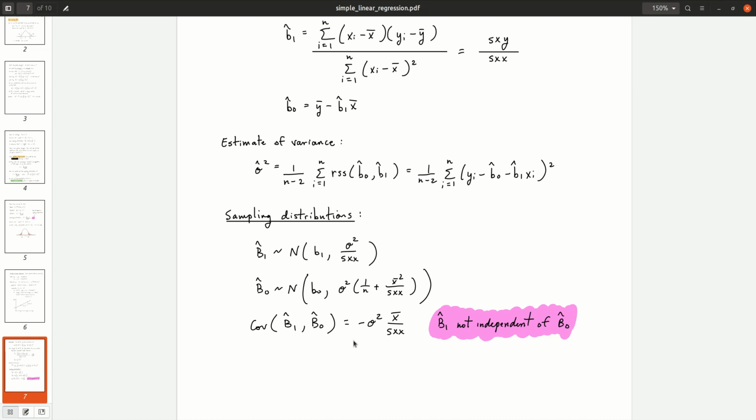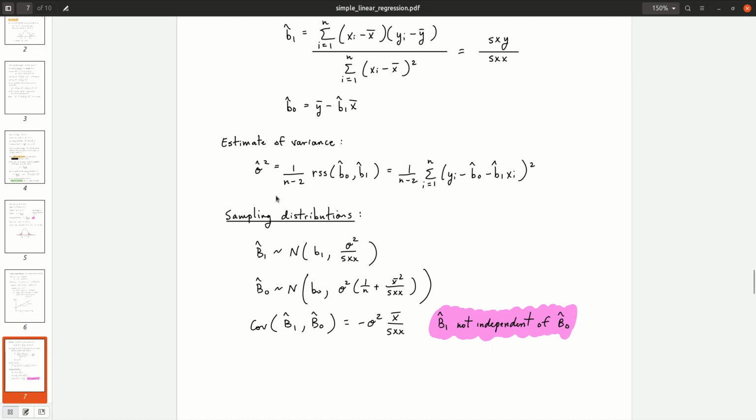Correlation is scaled to be between minus 1 and 1, and the covariance is a number that could be negative or positive that measures the strength of dependence between two random variables. So what this means is that B1 hat is not independent of B0 hat. This is something to keep in mind.